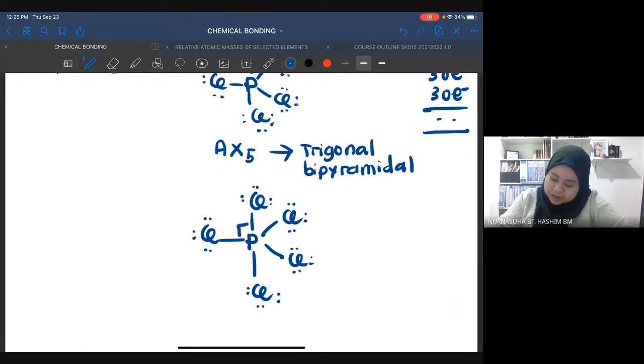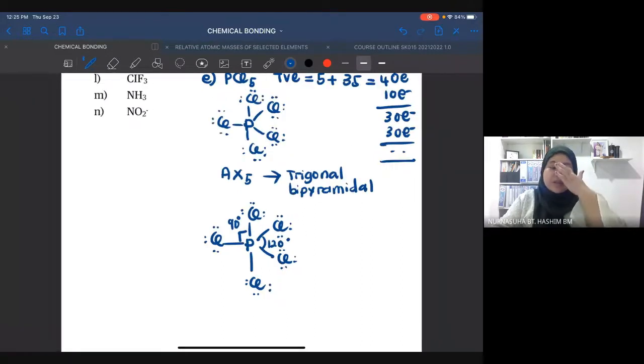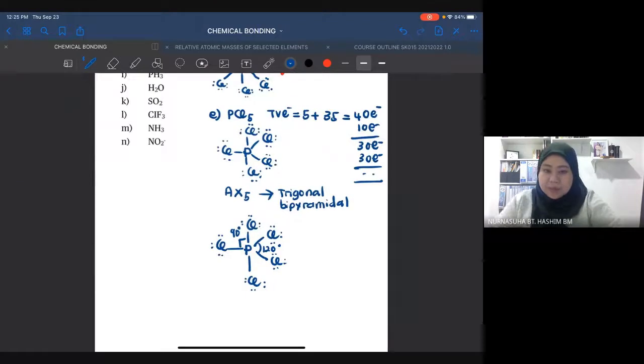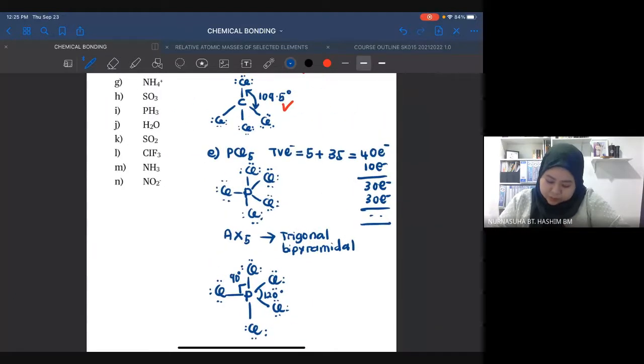Cuma kali ni kita kena tambah 90 degree and 120 degree. Okay, you just add on the angle, the bond angle. So that's how we predict the shape of the molecule.